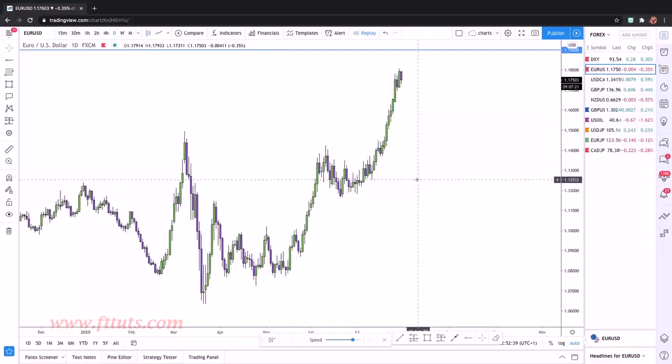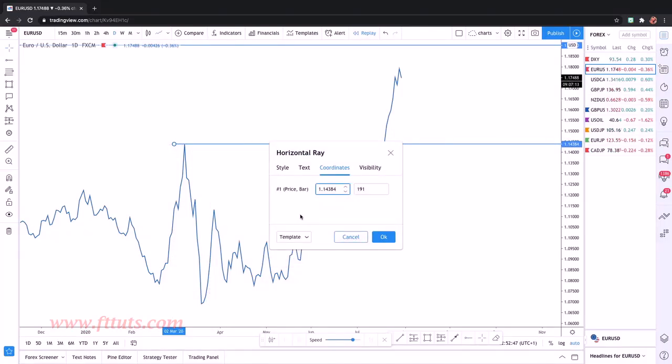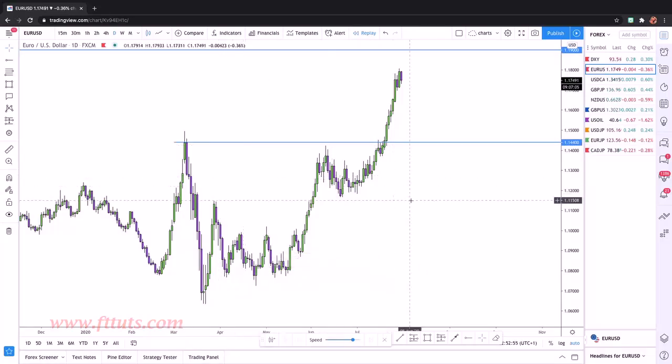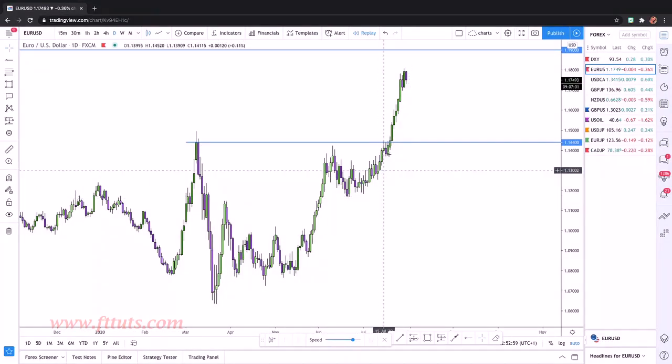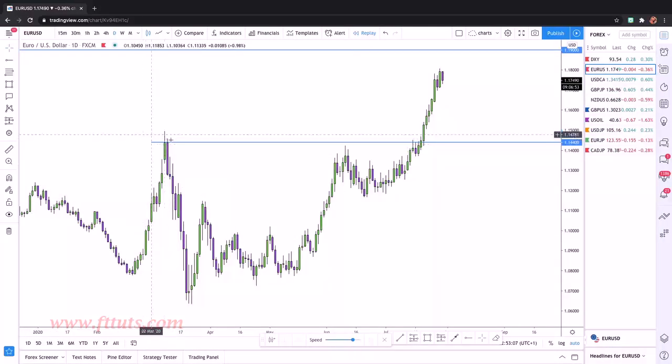But here was a major key level. Maybe 2, yeah, perfect. So 1.1400, and what ended up happening is it just went through. So it needs to eventually come down and test structure, because this is a major level on the daily.